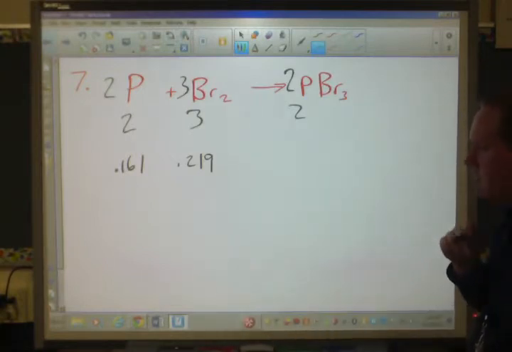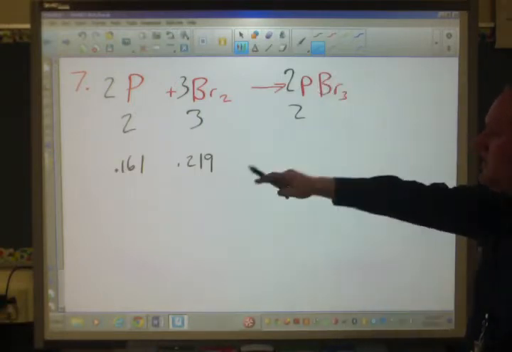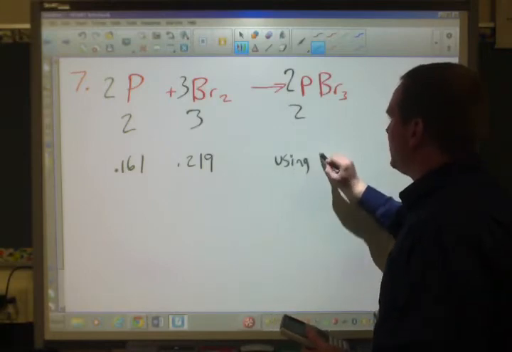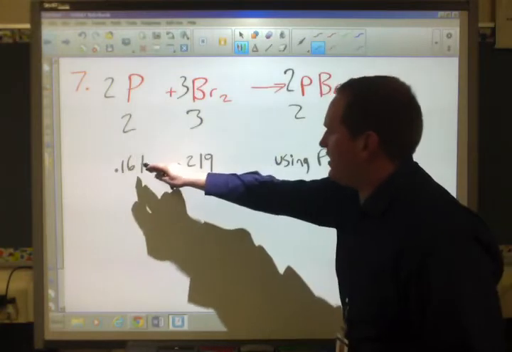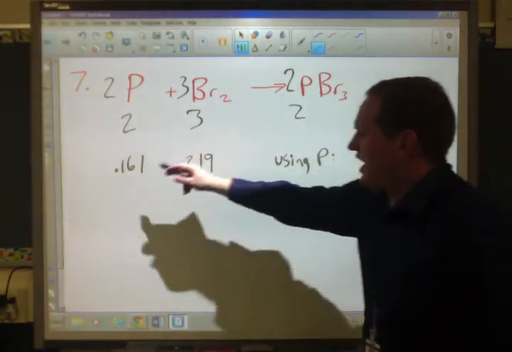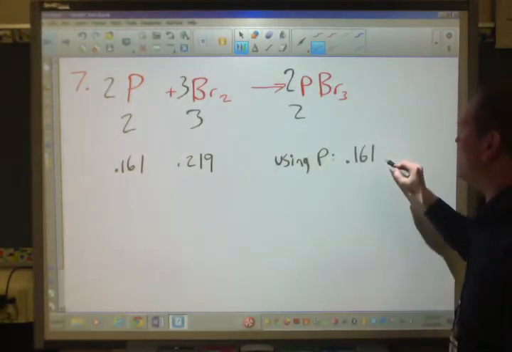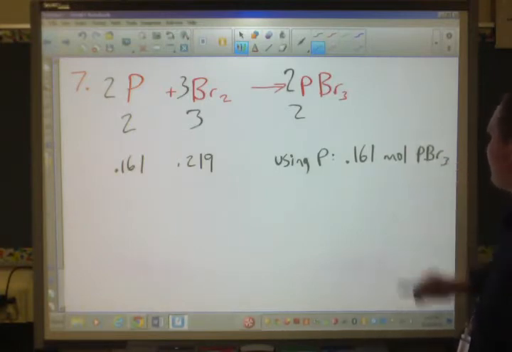So I need to see how much product I would make with each of these. Using P, it's going to be 2 over this equals 2 over x. Since it's the same thing, we can just copy the number back down. So we're going to get 0.161 moles of PBr3.